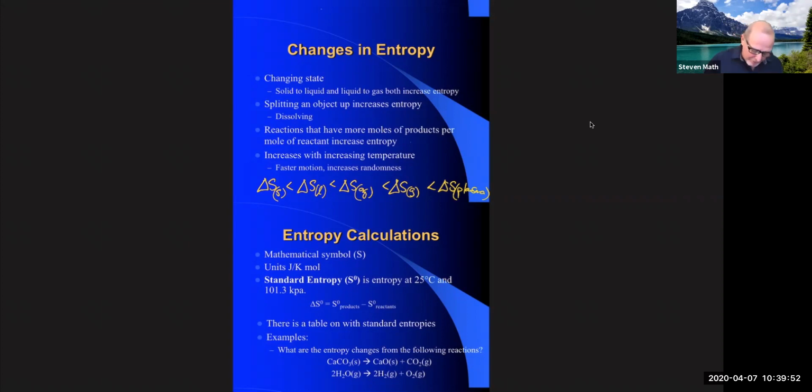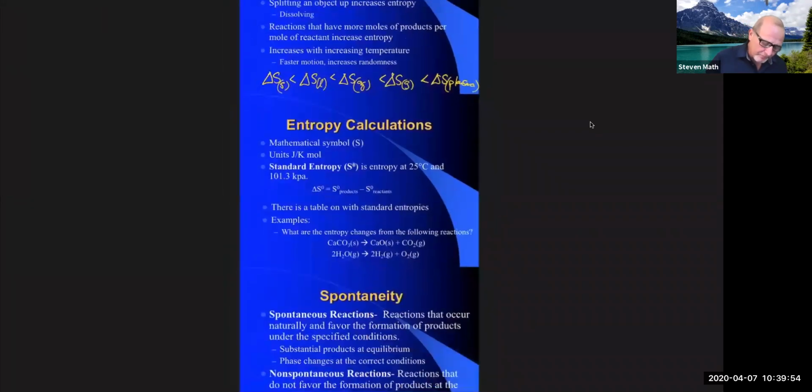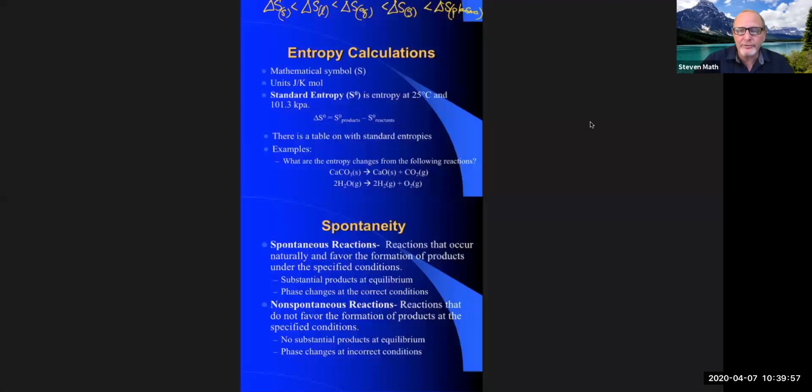Now this entropy calc that we're going to do, its symbol is S, and I don't know why it's S. Its unit is joules per Kelvin mole, and the standard is going to have this little degree sign for it. It looks like a 0, but it's really supposed to be a degree sign.